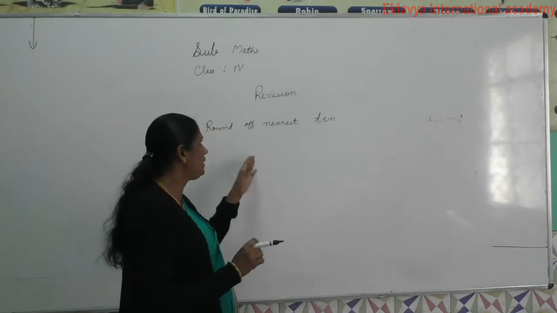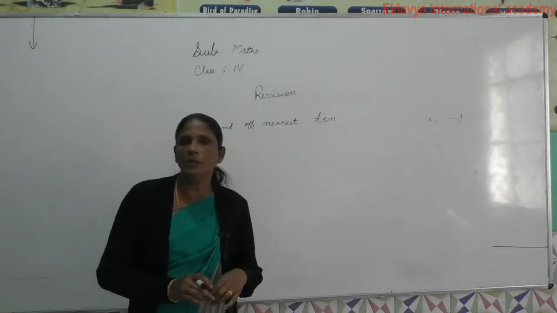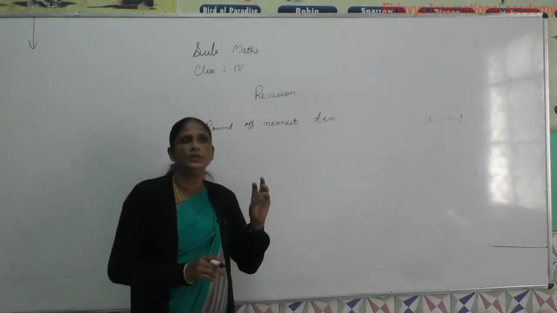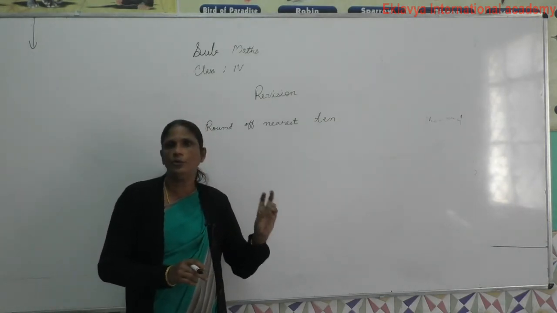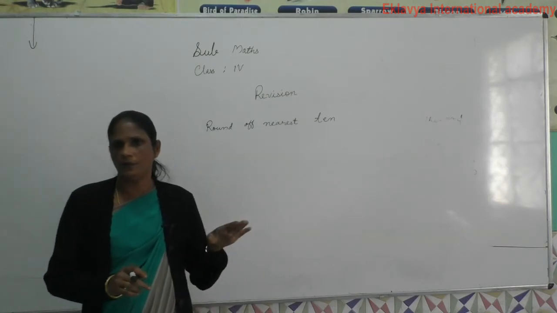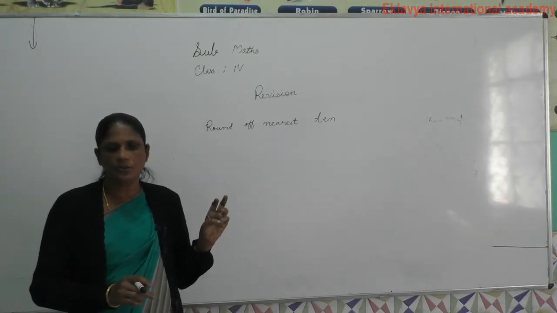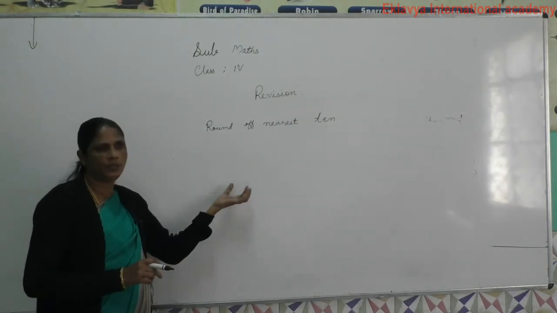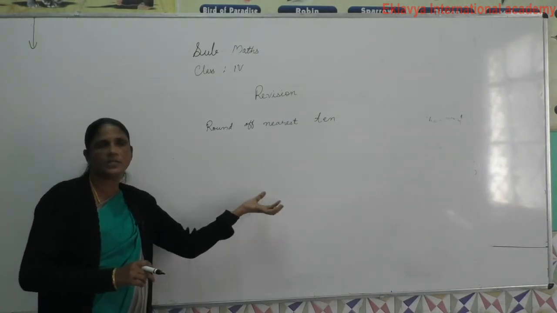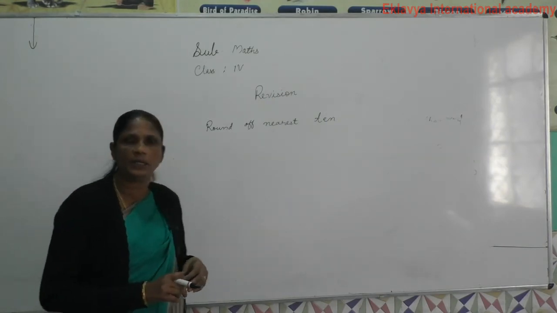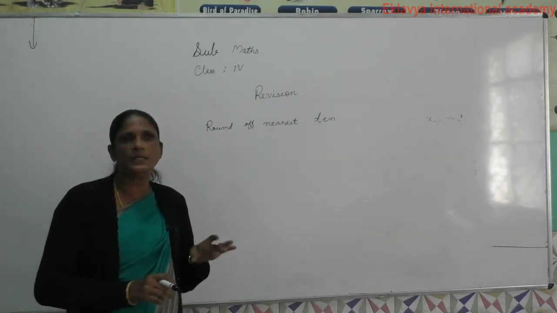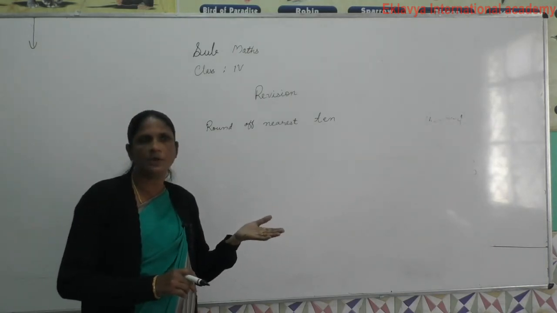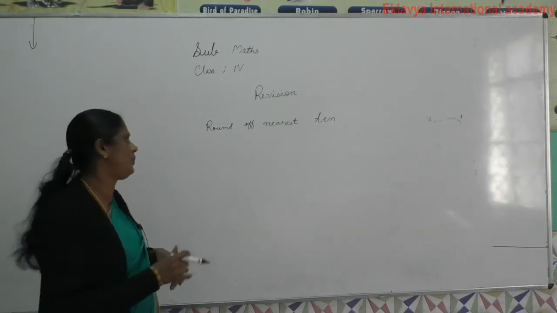If 0, 1, 2, 3, 4 come in ones place, there is no change in tens place. If 5, 6, 7, 8, 9 come in ones place, 1 is added to the tens place.